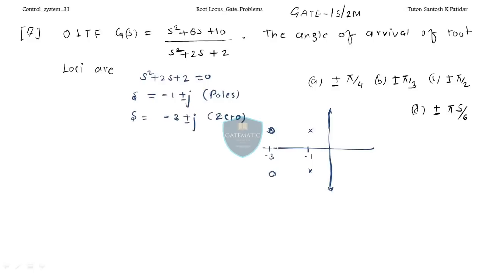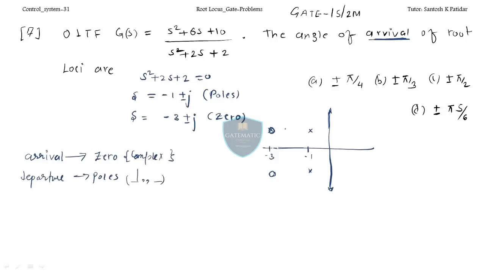Now, the angle of arrival they are asking. Angle of arrival will always be found on zeros, and departure on poles, with complex zeros and complex poles also.